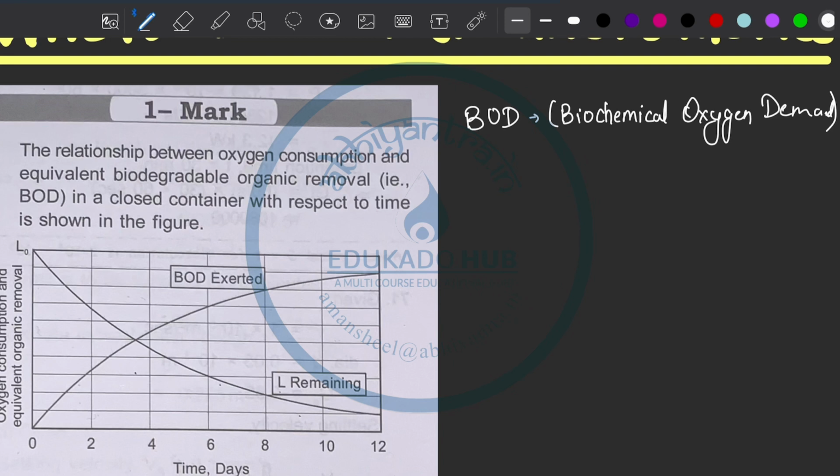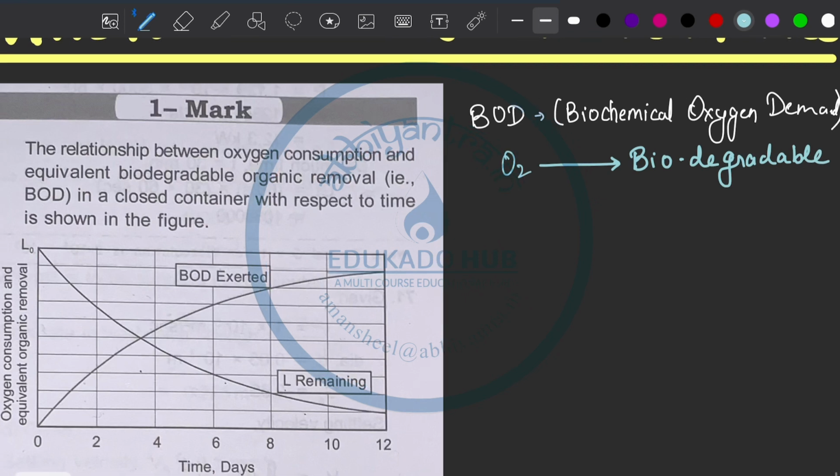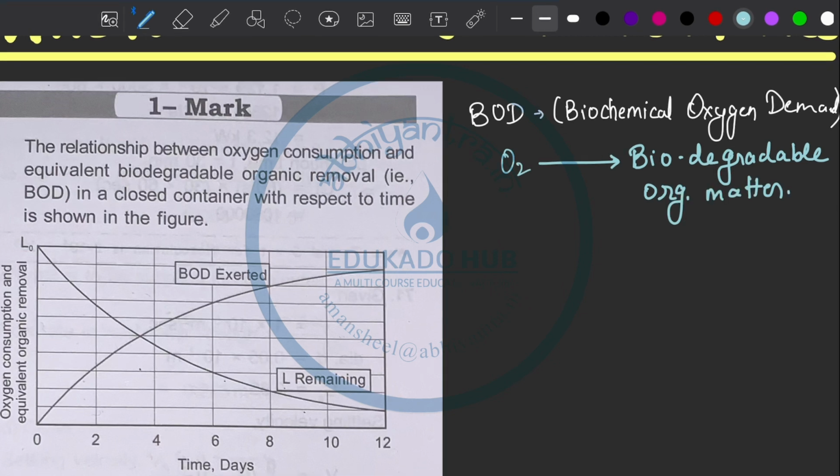It is defined as the quantity of oxygen required for the oxidation of biodegradable organic matters. So the quantity of oxygen that is going to be used in biodegradable organic matter, to reduce the biodegradable organic matter.